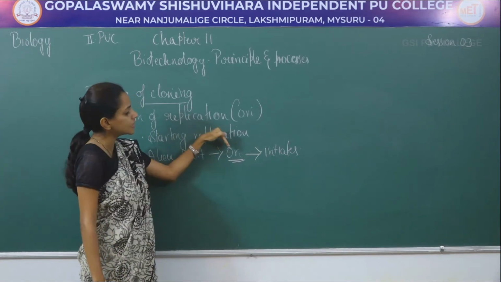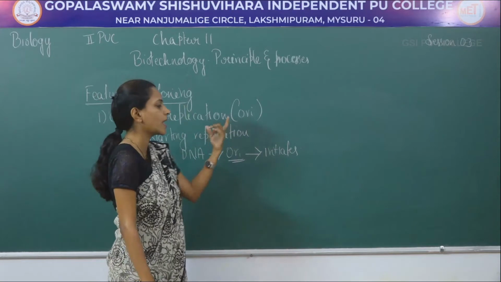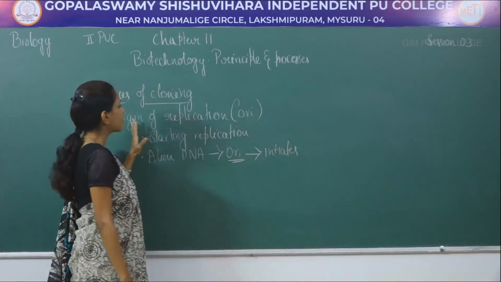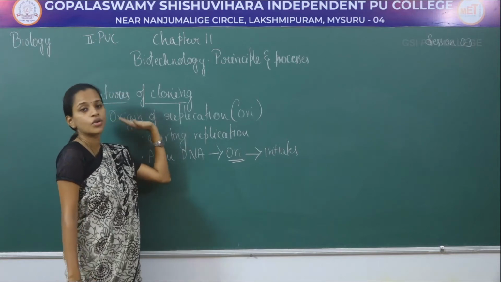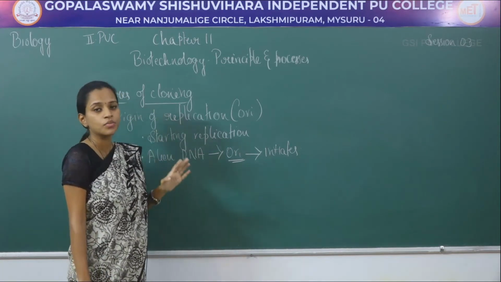Only if you insert the alien DNA into the ORI region will the host have the ability to replicate it. So that is about ORI or origin of replication. It starts the replication process.